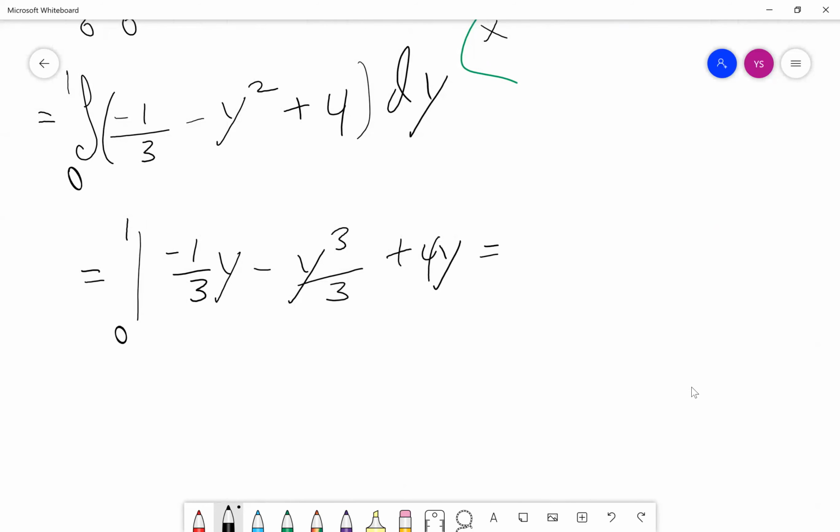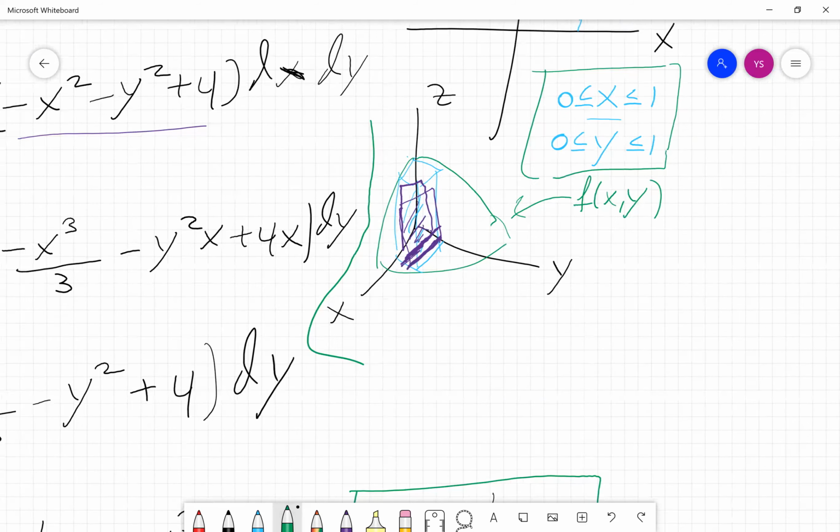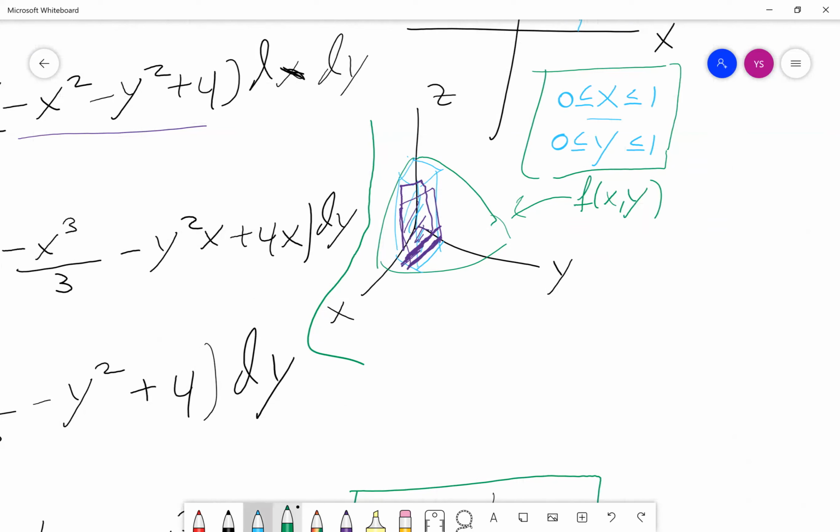So the 0 doesn't matter, and the 1 gives us negative 1 over 3 minus 1 over 3 plus 4. And that's our integral. Some positive number tells you the volume of this surface in the domain that we mentioned. Any questions about this?